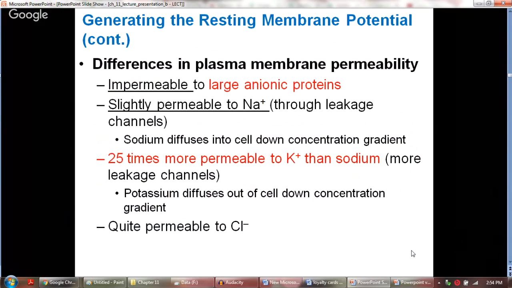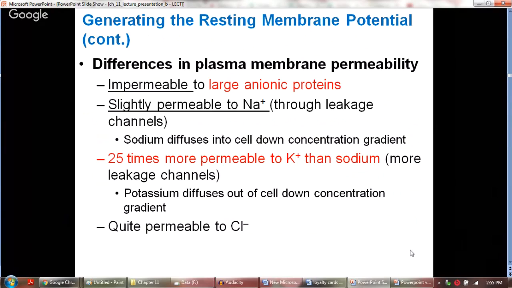The other important factor is the differences in the plasma membrane permeability, and let's look at that in a little more detail. The plasma membrane is impermeable to large anionic proteins, but it's slightly permeable to sodium ions through leakage channels, where the sodium diffuses into the cell down the concentration gradient.